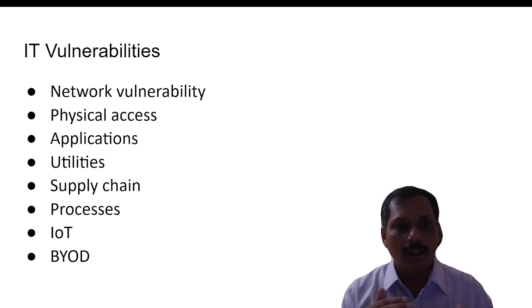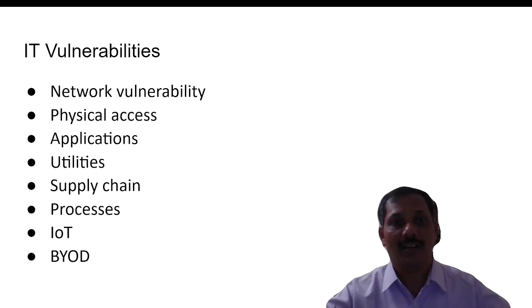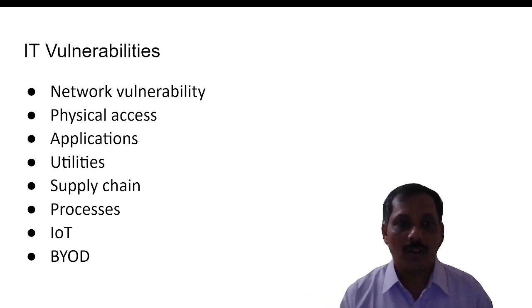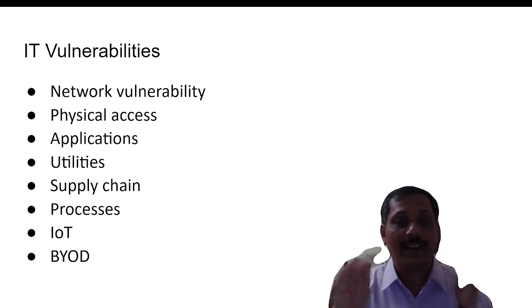Ideally, all unused ports on any router or switch should be administratively shut down, so that no unauthorized person will be able to connect to that router or switch, and that person will not be able to make any misuse of it. But if you have not administratively shut down those unused ports, then it is vulnerability, because there is gap in the desired state and the current state.